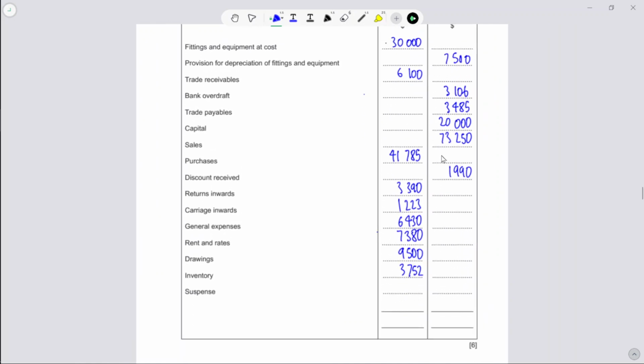Then let's total them up. Total all the things up until here. This one also, total them up till here.